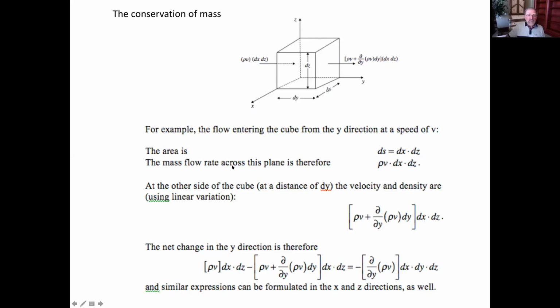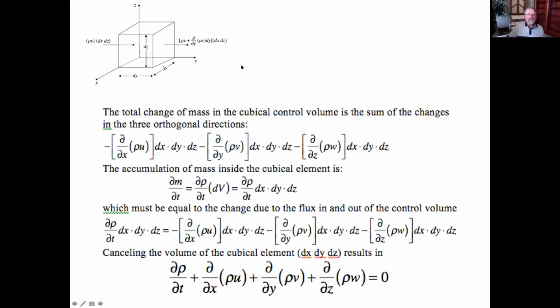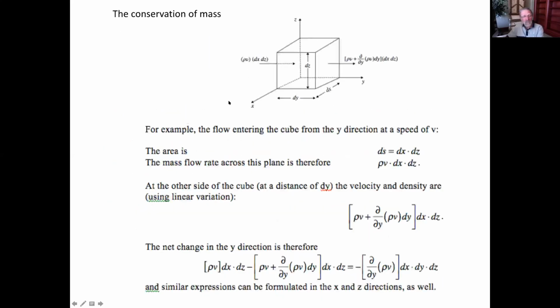For example, the flow rate coming in is going to be rho v. Before we said that, and it's the y direction.